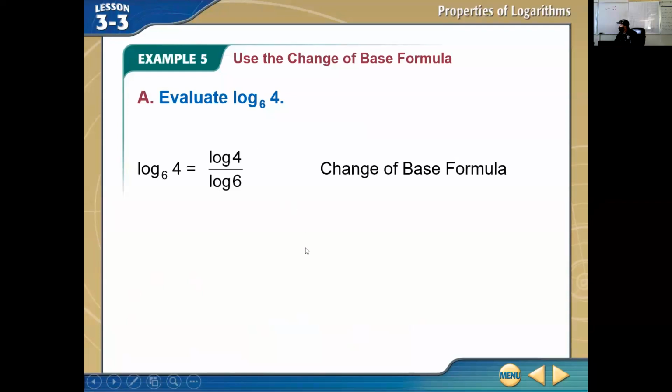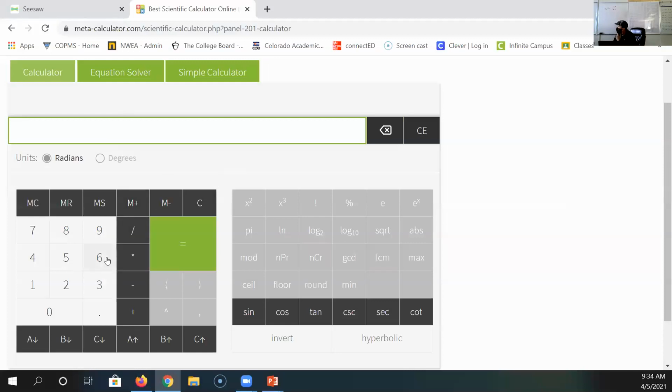So you can see they plugged it in the change of base formula, then they plugged it into a calculator. They get 0.77. So let's see if this is correct. If we take 6 to the power of 0.77, you can see we get 3.97. That would be rounded up to 4. I think it was 0.774. See, once I figured out that third decimal place, now I'm even closer to 4.